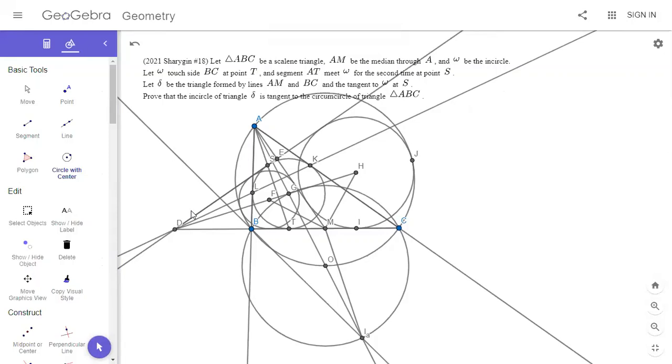Maybe I'm missing something, or there's more steps. So yeah, I haven't even drawn the excircle. Might be a good idea to do that.